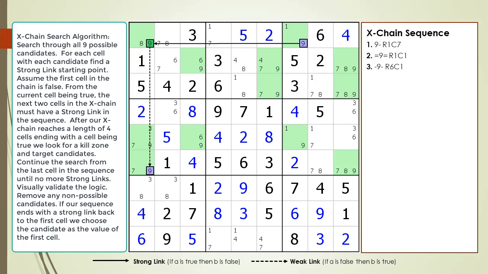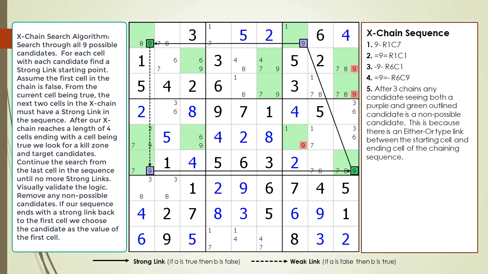The second link in the chain is a weak link between the possible 9 candidate in cell 1, 1 and the possible 9 candidate in cell 6, 1 now showing. The third link in the sequence is a strong link between the possible 9 candidate in cell 6, 1 and the possible 9 candidate in cell 6, 9 now outlined.